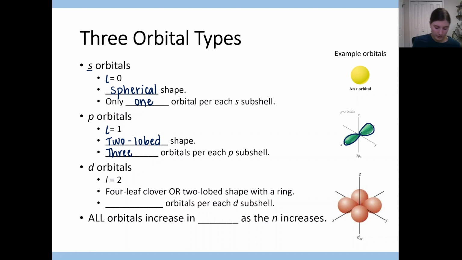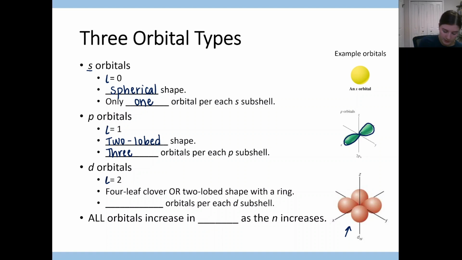And then d orbitals are when L is equal to 2. So the d orbitals have a 4-leaf clover shape. One of the 5 d orbitals is shown here. Or a 2-lobe shape like a p orbital with a ring. So here's an example of how, as we increase in secondary quantum number, the orbital shapes get a little bit more complex.